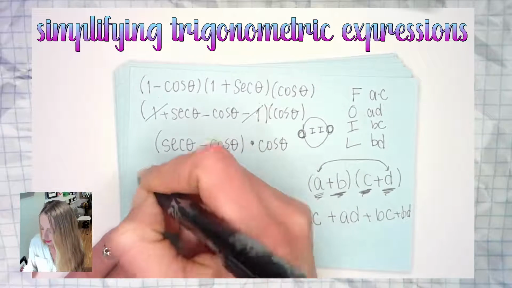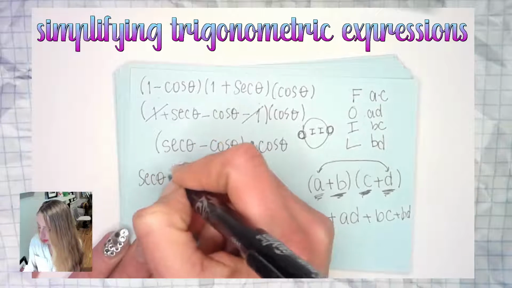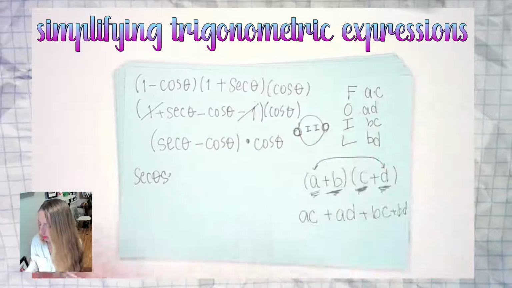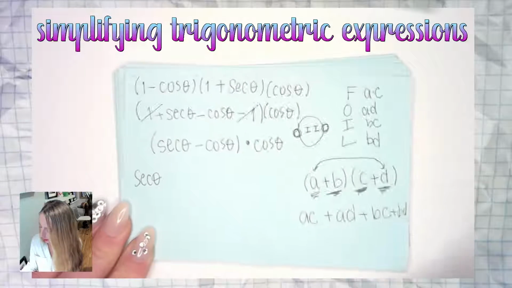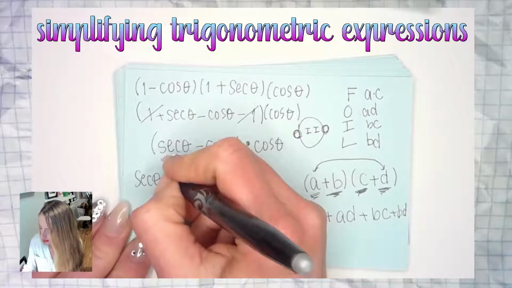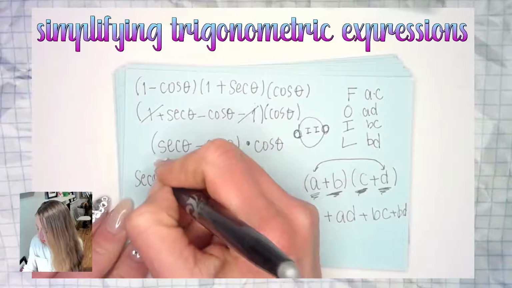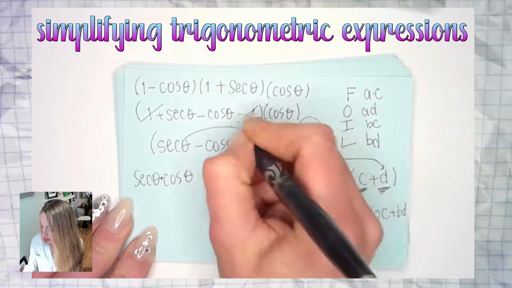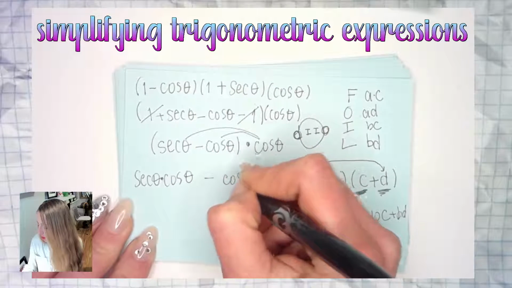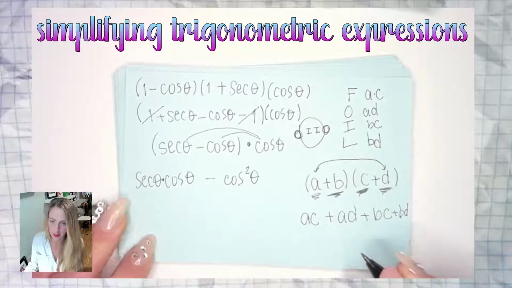Cosine times secant. Now, this time I can show a little bit more. Secant times cosine, minus, well, cosine times cosine now, right? And that, I'm just going to go right ahead and write cosine squared.